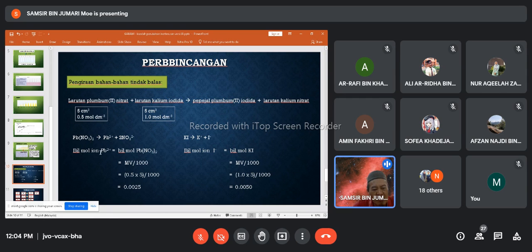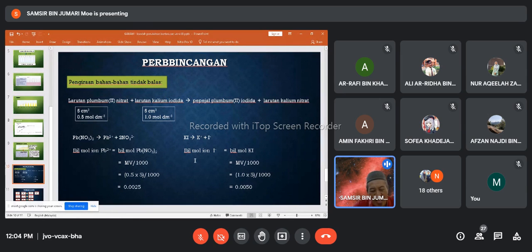So the number of mole of lead(II) ion based on the chemical equation here is similar to the number of mole of the lead(II) nitrate solution. 1 mole, 1 mole, 1 mole kan. So our concern is lead(II) ion. So NV per thousand, we get the calculation is 0.0025 mole.